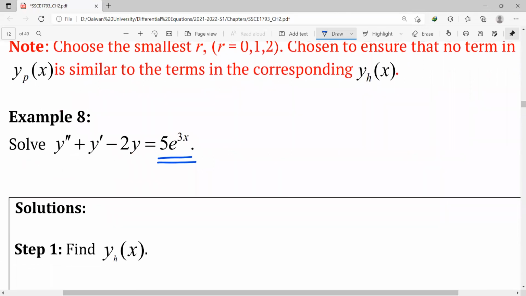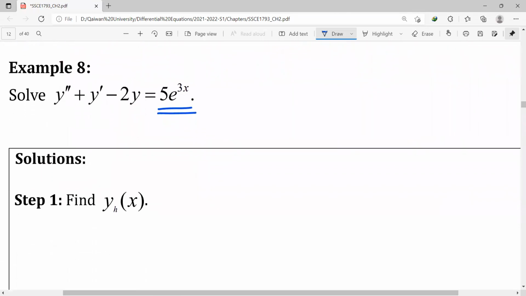We say first we should find the homogeneous solution. This is the characteristic equation. First, we should write down the homogeneous part. We say y double prime plus y prime minus 2y equals 0.